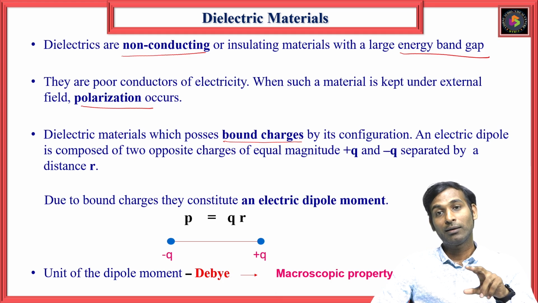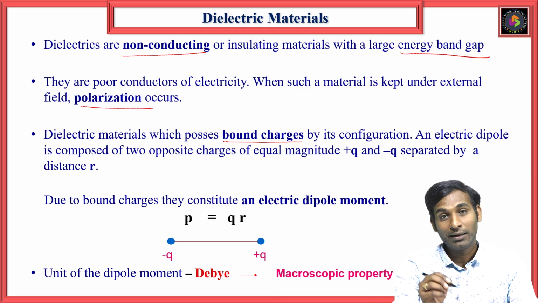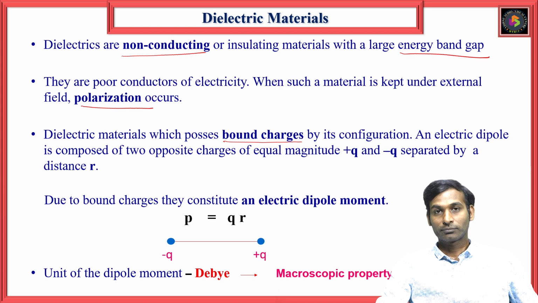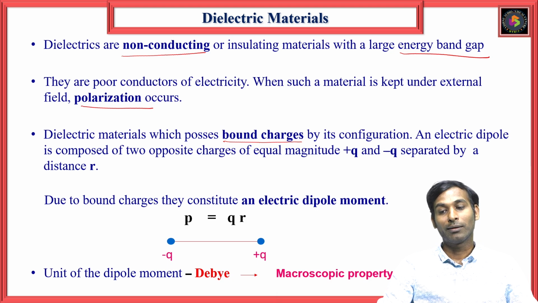Based on the electric dipole moment, the materials can be classified into different categories. Dielectric material possesses bound charges by its configuration, and based on electric dipole moment, the materials can be divided into polar and non-polar.